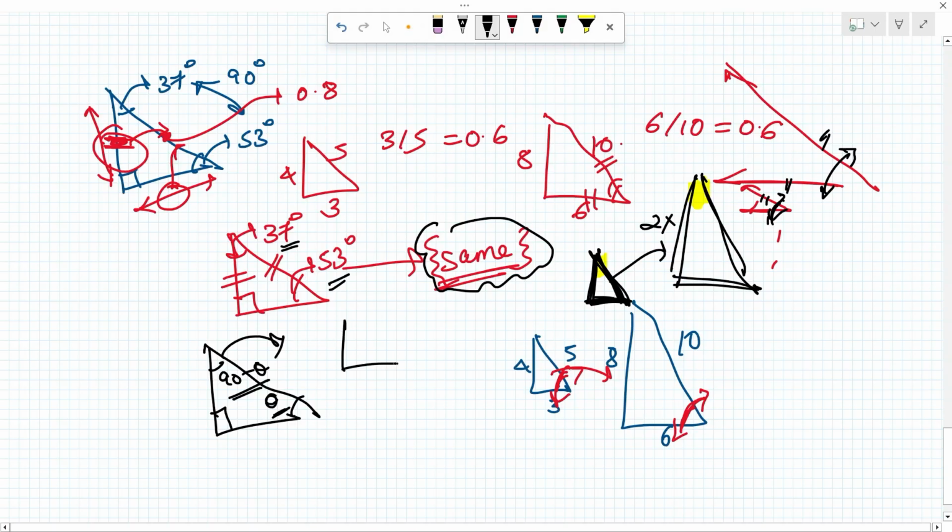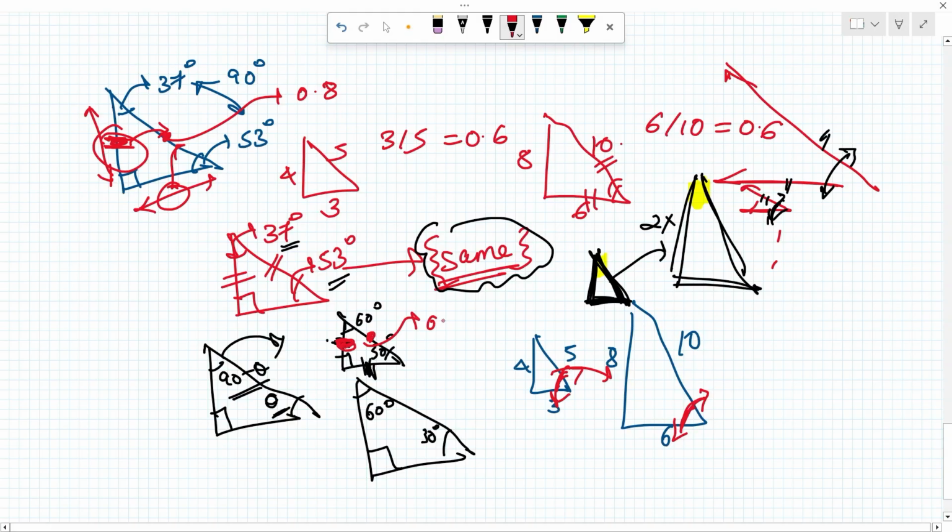If I take a 30 degree, 60 degree triangle, and even if I take a bigger 30 degree, 60 degree triangle, the ratio of any two sides, say this side to this side, actually turns out that for a 30, 60, 90 triangle, that's 0.5. No matter how big this 30, 60, 90 triangle is, the ratio of this side to this side in this smaller triangle and this bigger triangle is going to be exactly the same.